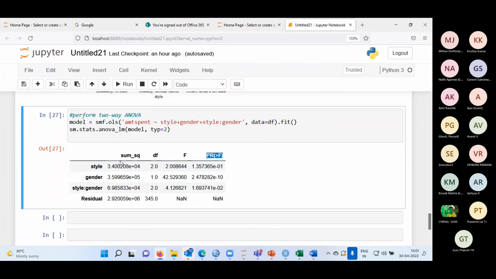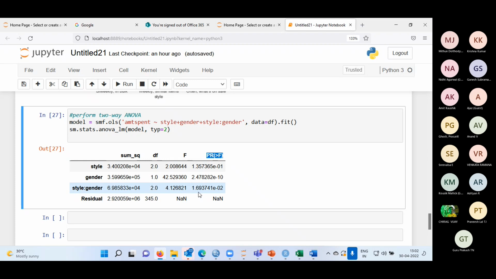That's the reason why I say when you look at sum of squares, degrees of freedom and F statistic, I can't make any conclusion or judgment based on these numbers because they are just intermediate steps. The final and the most important step here is the P value. That is what will tell me whether a particular variable, style or gender or the interaction between style and gender, is having an impact on amount of money spent or not.